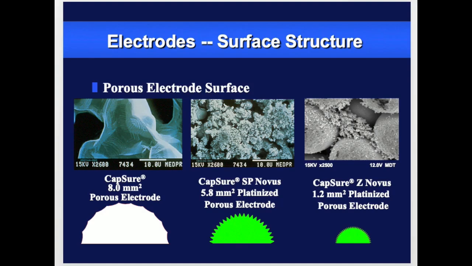The platinized porous electrodes have a larger functional surface area. The collective spaces within the electrode pores make up the larger functional surface area, which controls polarization for these geometrically smaller electrodes. In summary, smaller geometric size, larger functional surface area.